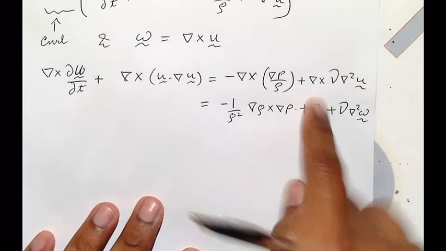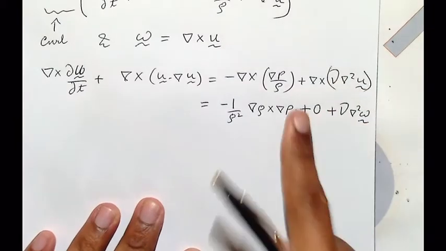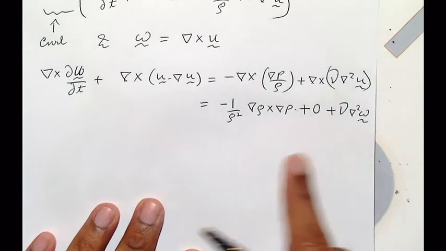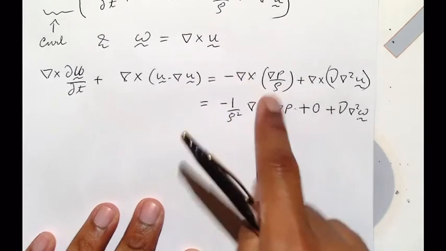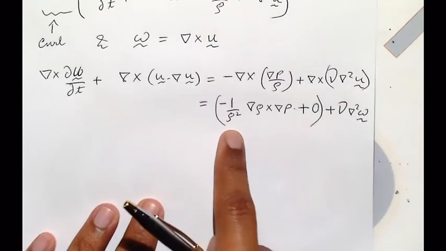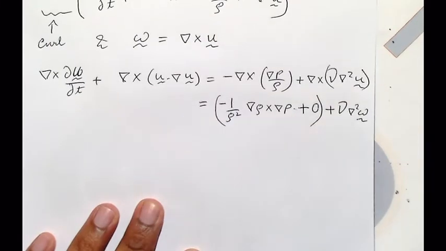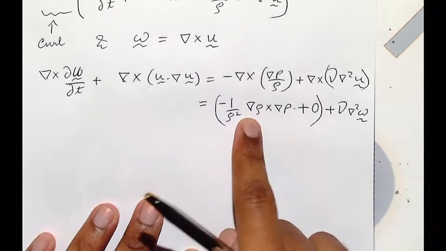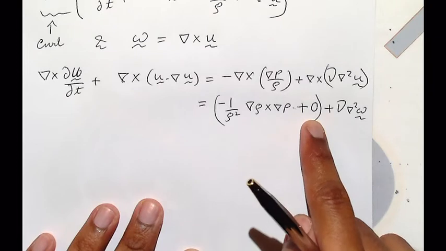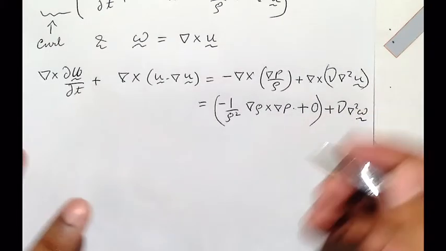When we take the curl of the diffusive term, we just get a diffusion of vorticity. When we take the curl of the pressure term, we get these two terms. The first term is non-zero only if rho is not constant in space. And the second expansion is actually 0. Why?